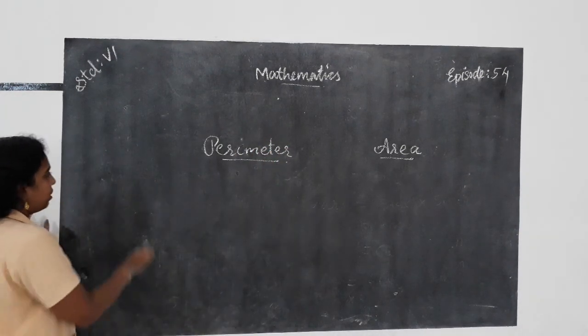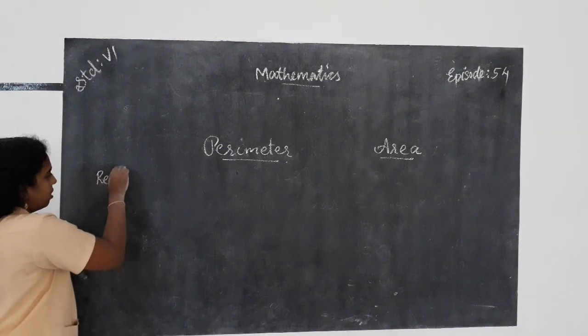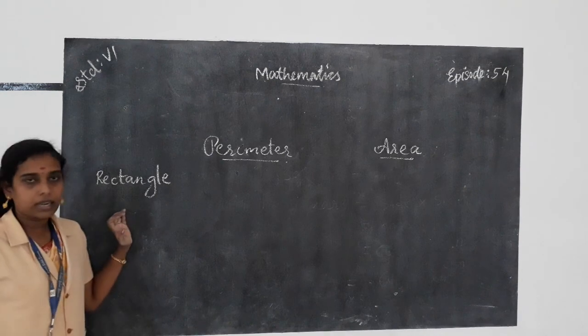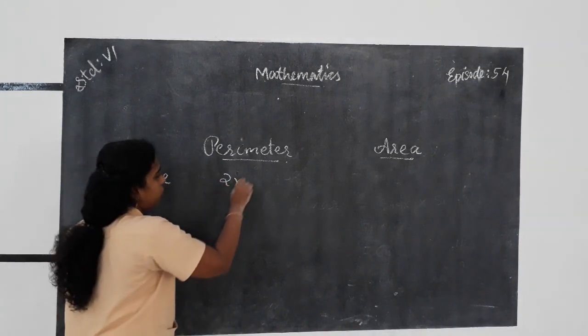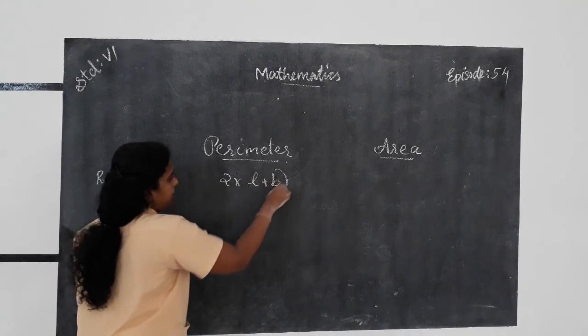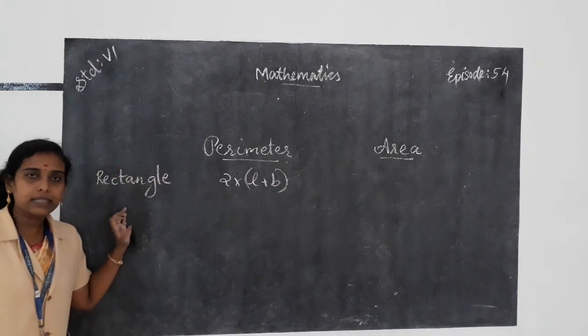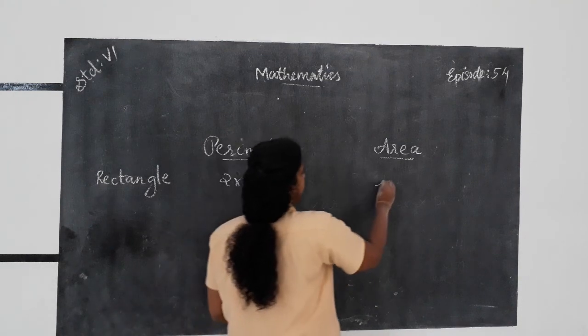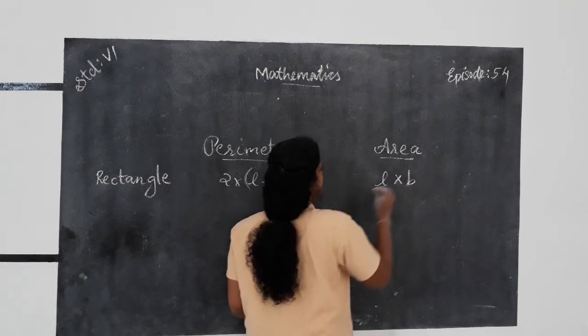To find the perimeter of a rectangle, the equation is 2 into L plus B, 2 into length plus breadth. And in the case of the area of a rectangle, the equation is length into breadth.